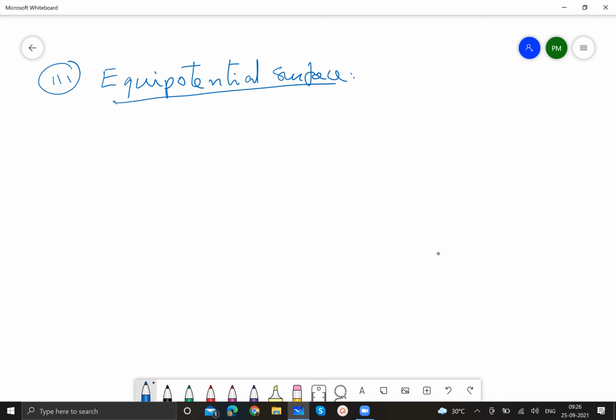Okay. So let us discuss some points which may appear in the exam. This is a point electric charge, and here is an equipotential surface. So it's an imaginary spherical surface with the given point charge at its center.